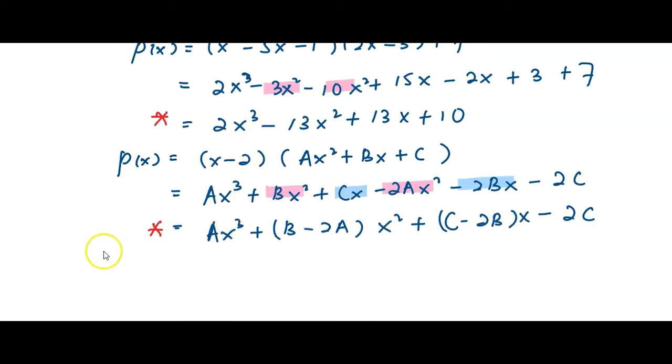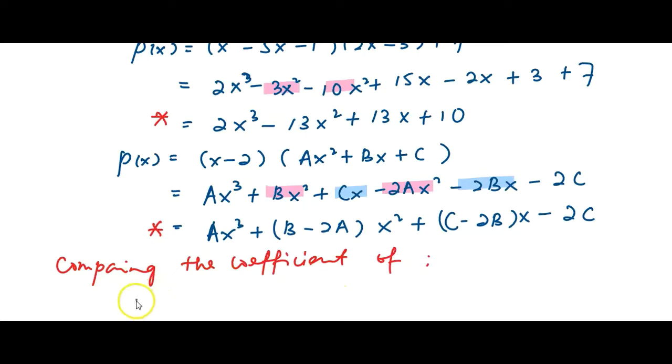They are equal, meaning that now I can find a, b, c by comparing the coefficients. We can compare the coefficient of the x cubed first to get the a. For this expression, the coefficient of x cubed is a, and in the expression given by the question it is 2. So now you already got a equals 2.